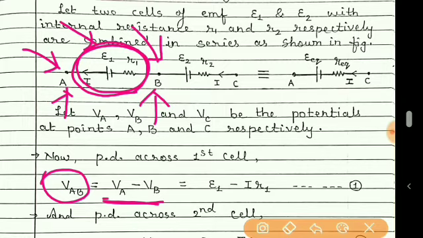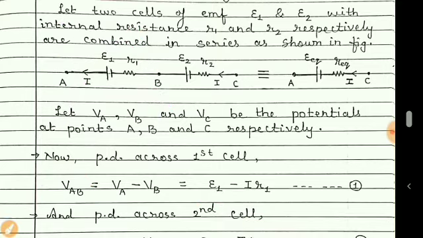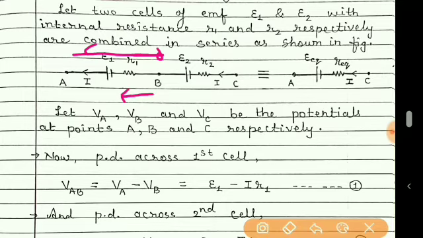So this VA minus VB is equal to, now students, you can see, if we apply the Kirchhoff rule, then if we move in this direction from point B to this side, current is moving in this direction and we are also moving in this direction.